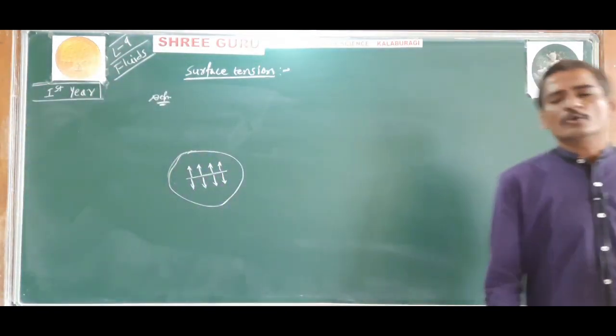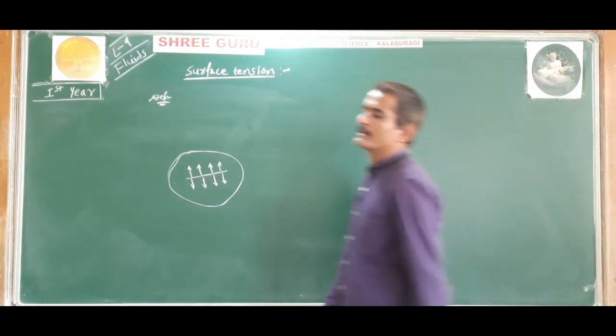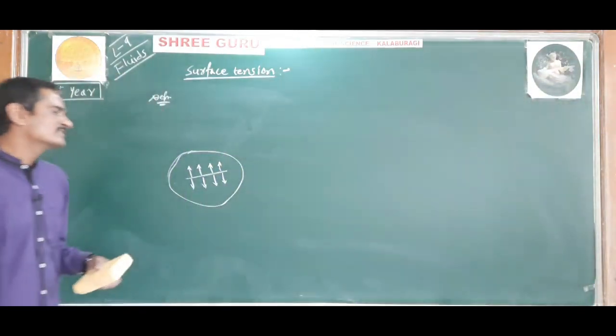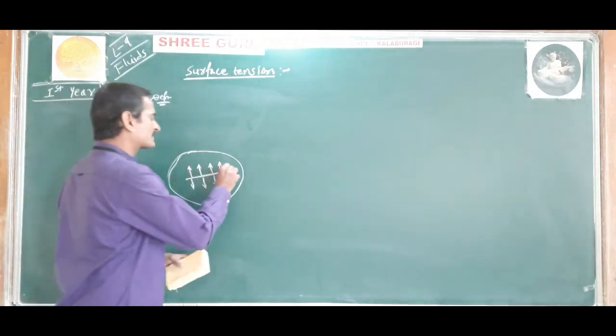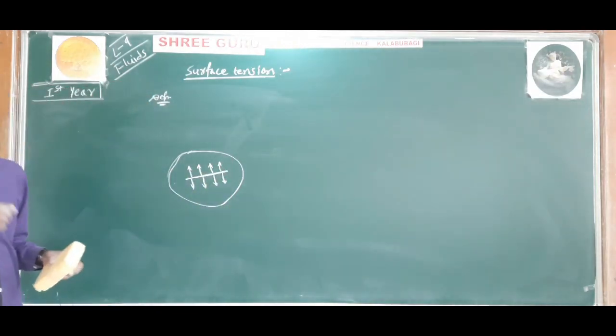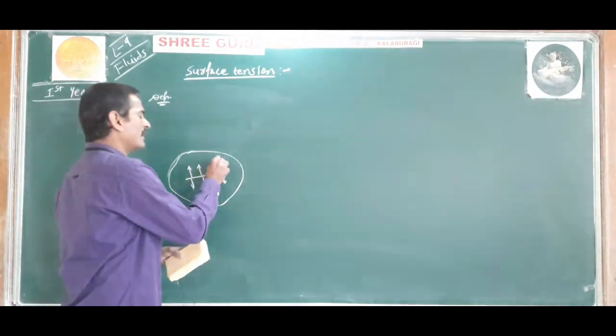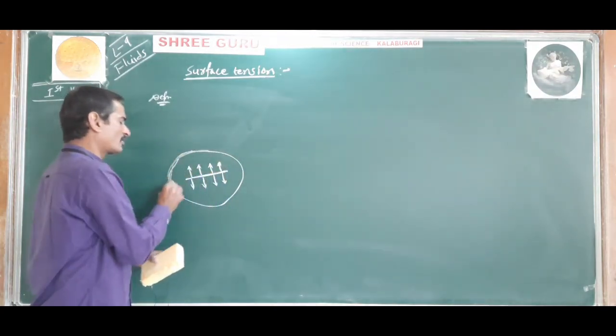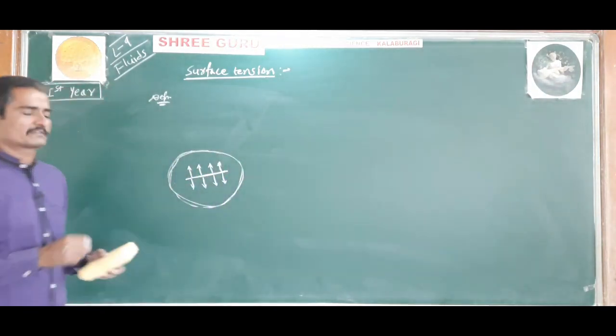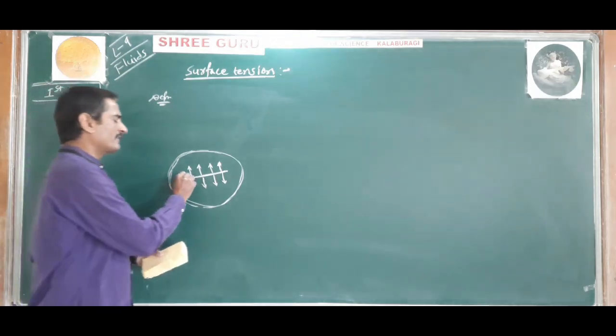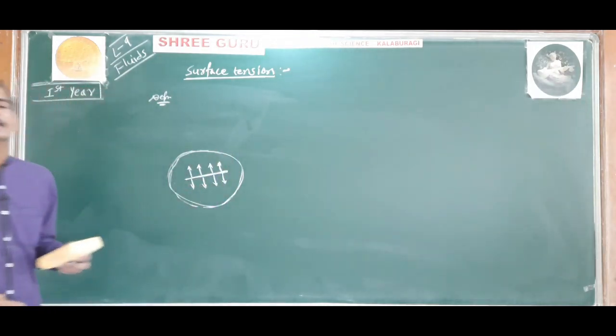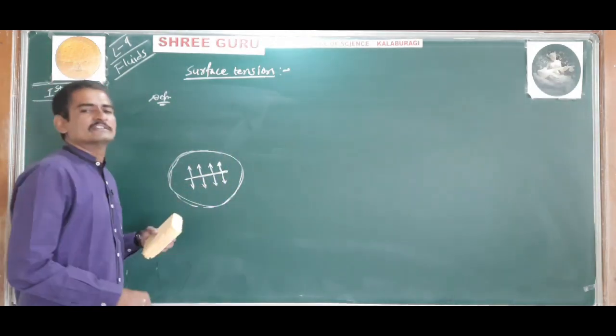It is measured by the force acting per unit length on an imaginary line drawn on a liquid surface. The force acting per unit length on an imaginary line drawn on a liquid surface is called surface tension.